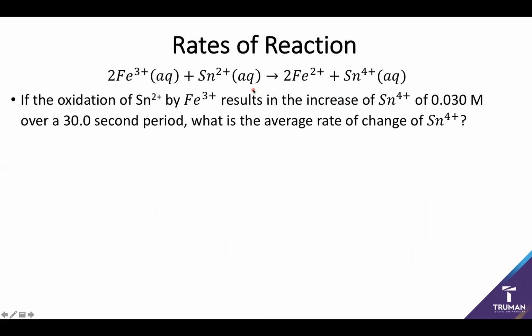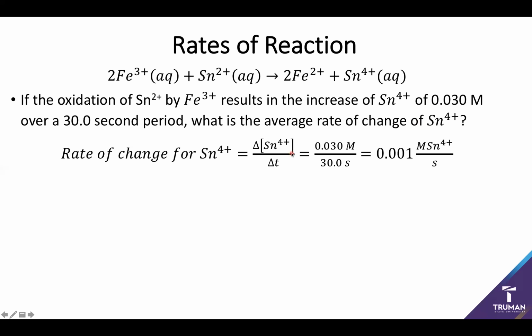If this reaction occurs and we end up increasing the concentration of our tin 4 plus product, our oxidized tin, by about 30 millimolar over, say, half a minute, what would we expect to be the average rate? For this, we can do a simple change of concentration over change in time. If I increase by 30 millimolar in 30 seconds, that means my concentration goes up by about 1 millimolar, which is a fair bit in a single second.